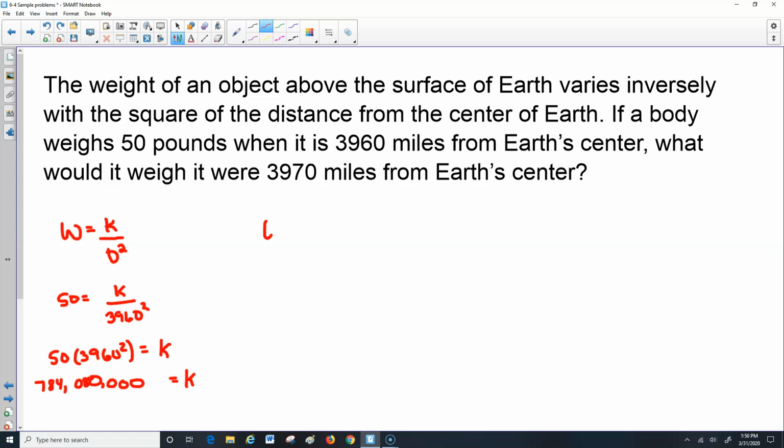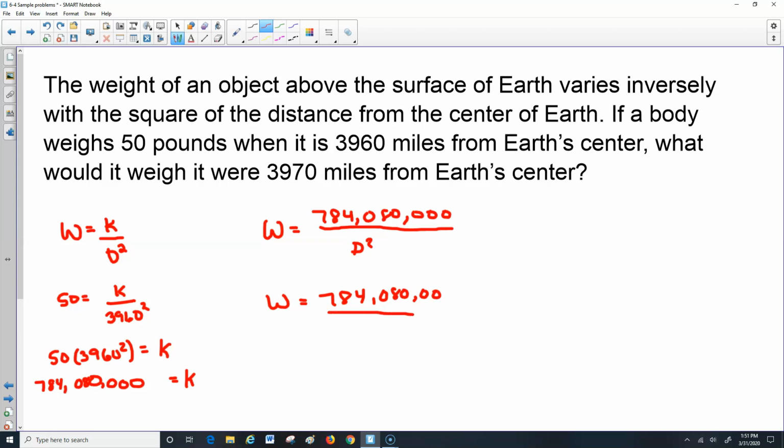So now let's finish up the problem knowing what the value of k is. 784,080,000 divided by, remember, not just d, but d squared. And we want to know what the weight is when the distance is 3,970.